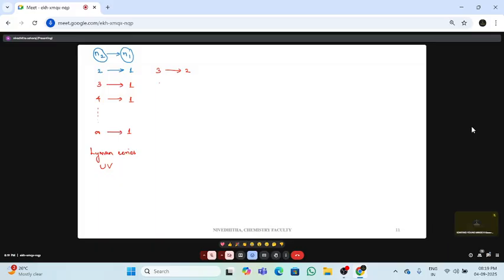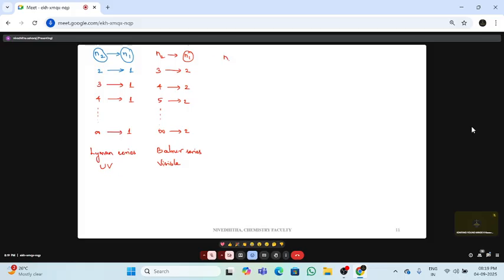So third to second, or fourth to second, or fifth to second, or infinity to second, all these transitions come under the series called the Balmer series. And in this transition, the electron is releasing visible radiation. Super. Here the value of N1 is 2. The electron is coming from an excited state to the second energy level.